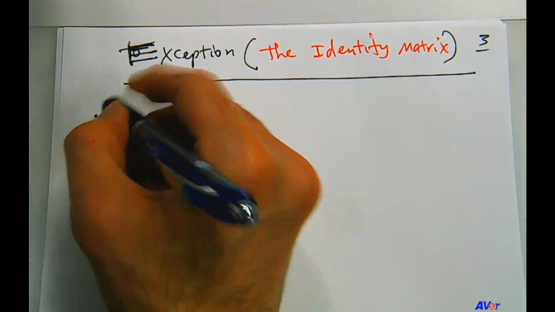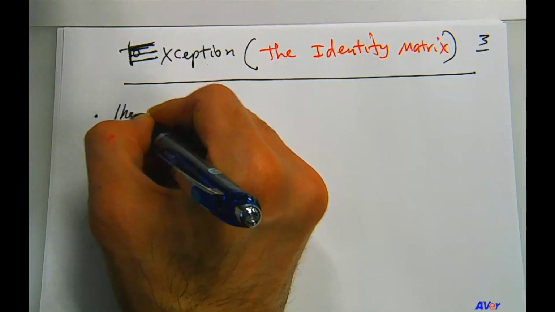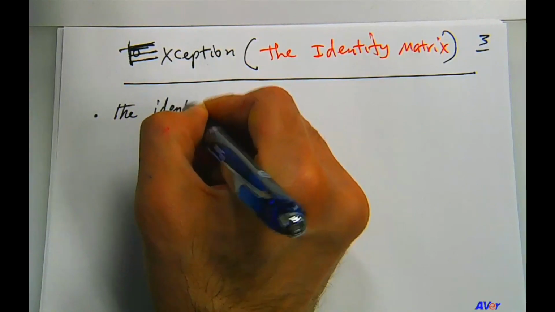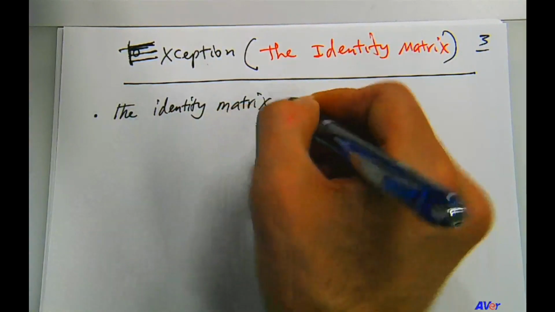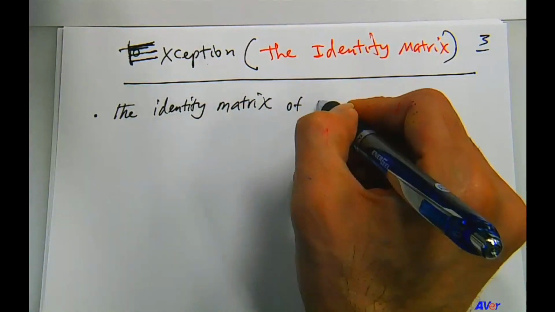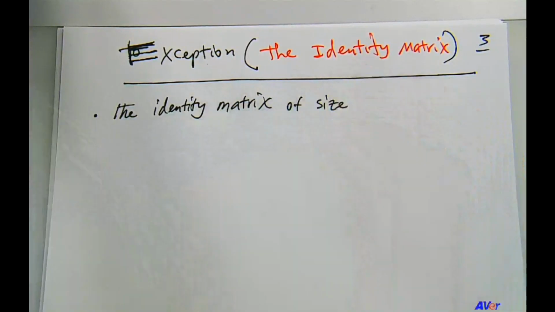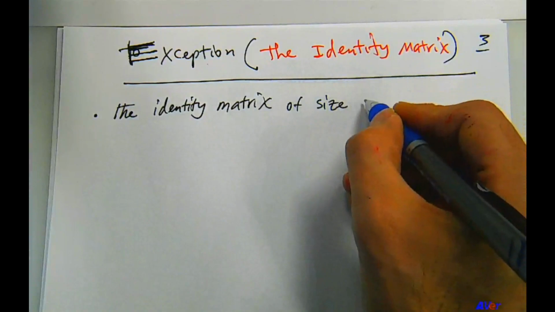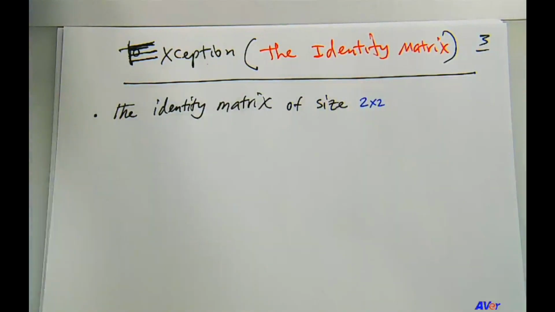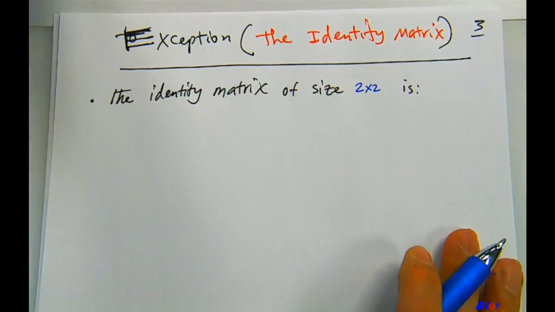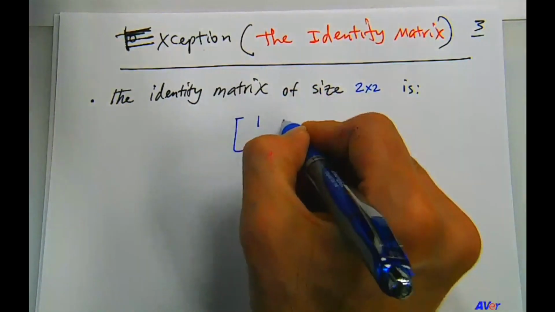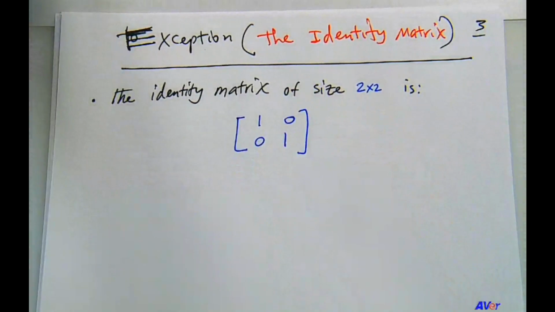So, the identity matrix of size 2 by 2 is this matrix. That's an identity matrix.